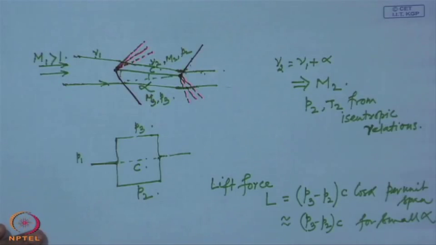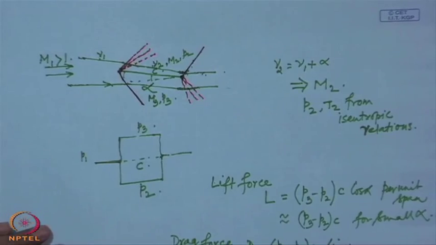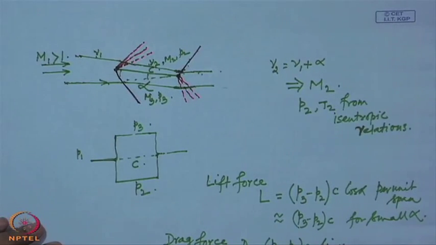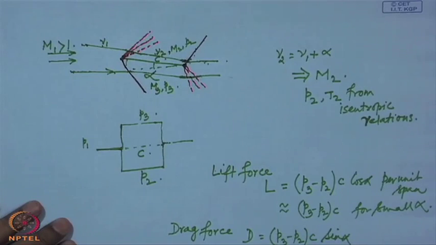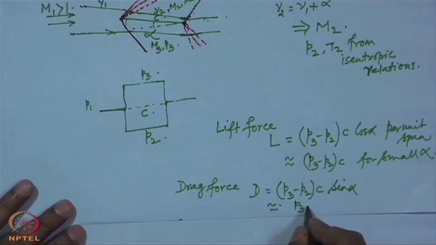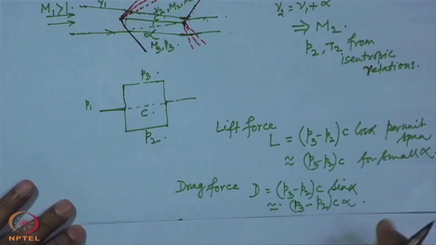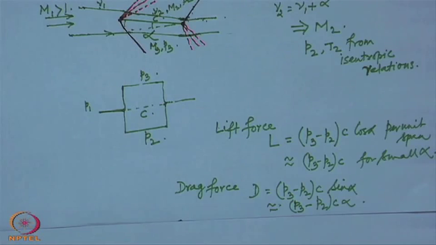We can also see that there is a drag force given by P3 minus P2 times C sin alpha, which again is approximately P3 minus P2 times C alpha for small angle of attack.